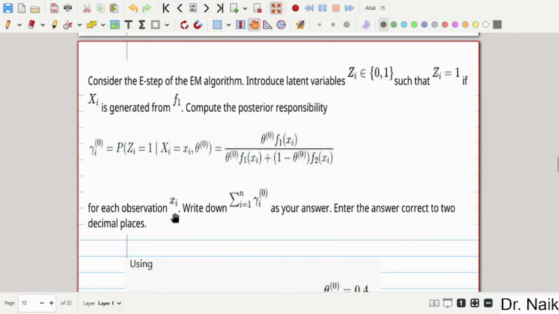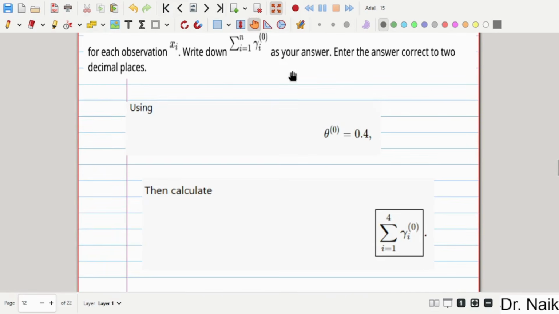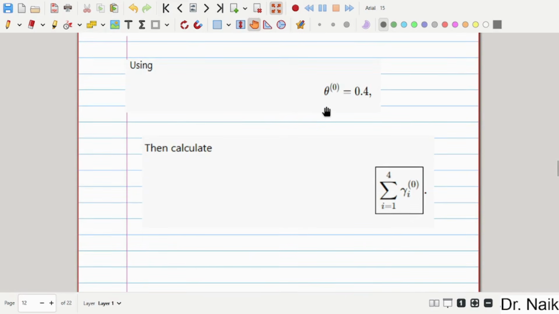For each observation xi, write down the summation from 1 to n of gamma i superscript 0 as your answer. Enter the answer correct to 2 decimal places. We have already been given theta superscript 0 is equal to 0.4. We have to calculate the summation from 1 to 4 of gamma i superscript 0.